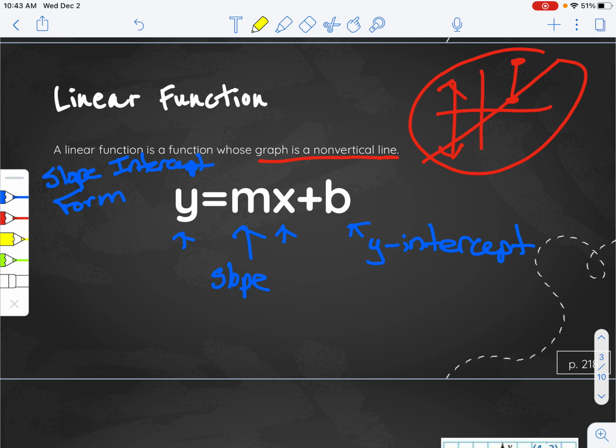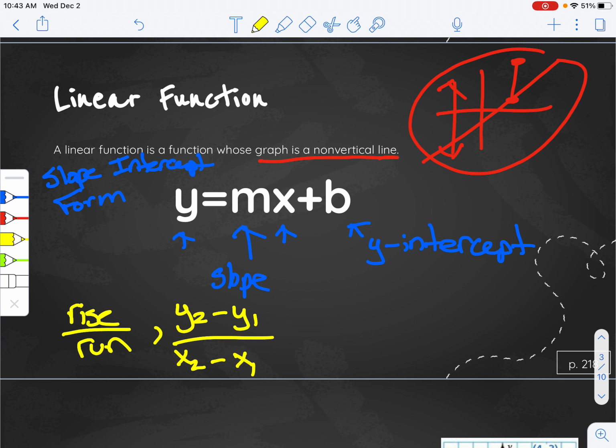So let's talk about slope for just a second. When we're talking about the slope of a line, rise over run is one way that we talk about it. Another formula for slope is y2 minus y1 over x2 minus x1. That looks a little bit complicated and tricky, but we'll break it down and it'll be no big deal.